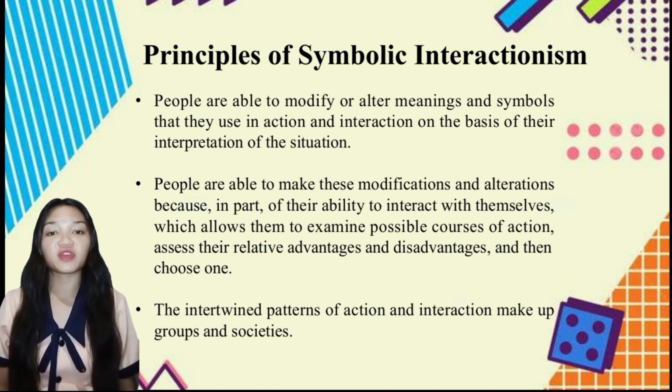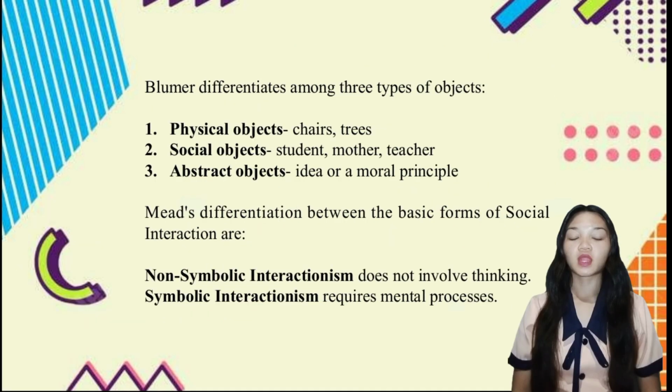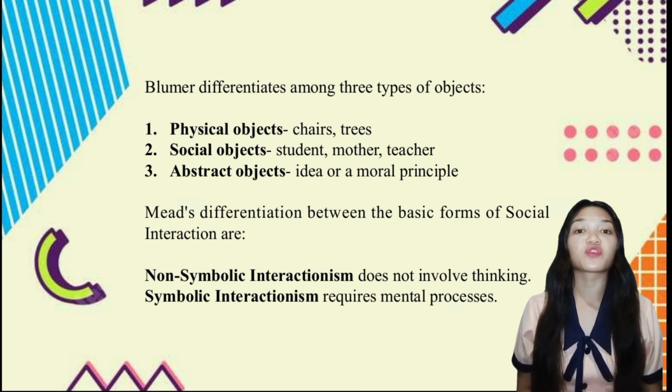The importance of thinking to symbolic interactionists is reflected in their views on objects. Blumer differentiates among three types of objects: physical objects, like chairs and trees; social objects, like student, mother, teacher; and abstract objects, like an idea or a moral principle.